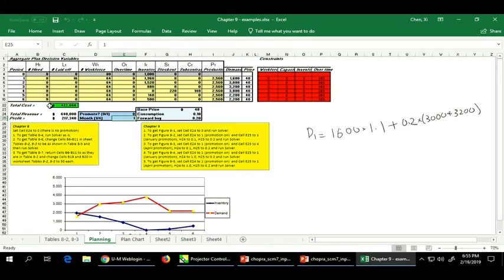And the total cost reduced and profit increased. So January promotion is a good idea, but is it as good an idea as promoting in February?